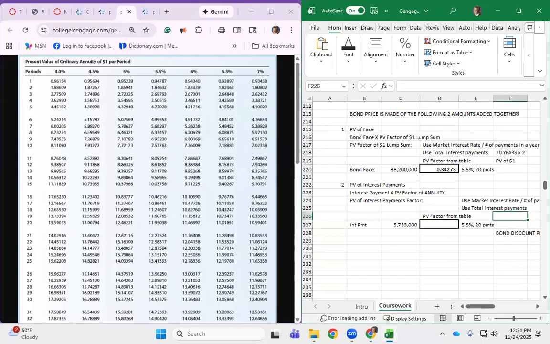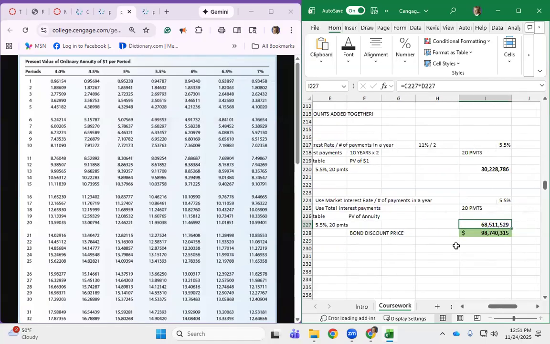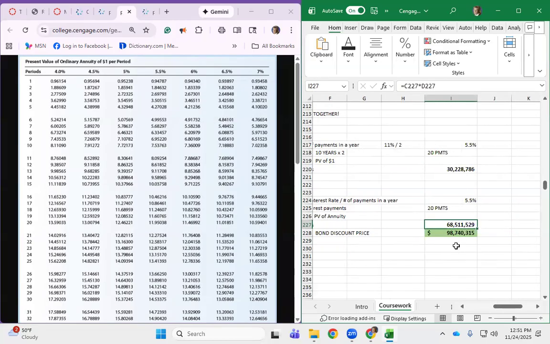Instead of present value of $1, present value of annuity. So that's how you know the difference. Once again, at 5.5 for 20, my factor from my table is 11.95038. I'm going to take that times my interest payment, and there you have it.